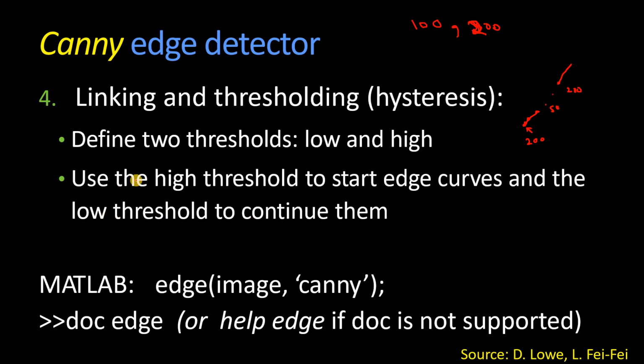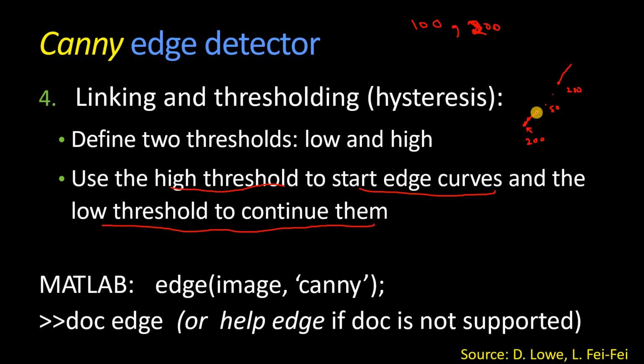Is it clear? So the high threshold value is used to start the edge curve, and the low threshold value is used if you want to continue. So remember, they are two separate limits for starting and continuing, because to start you are initiating a new edge, a new line.